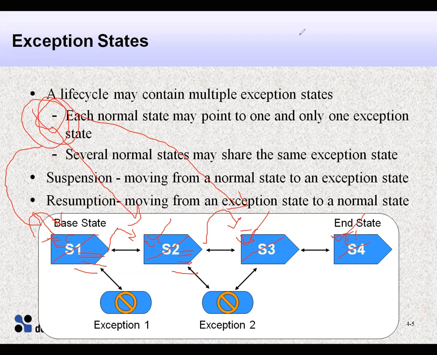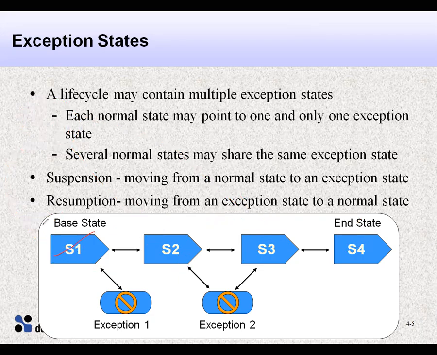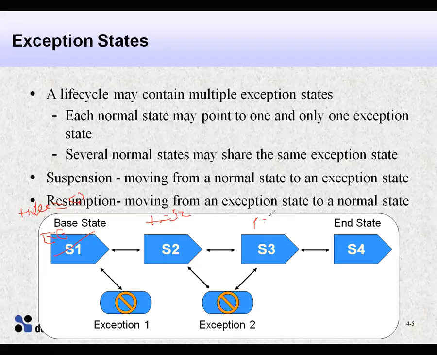Let me explain again. For example, let's say there is an attribute title. Here the entry criteria for this state is that the title should be S1, and here the entry criteria is that the title value should be S2. Here the entry criteria is that the title value should be S3, and similarly the title value should be S4.